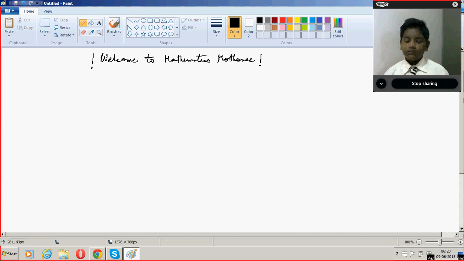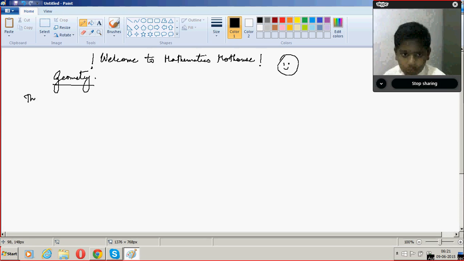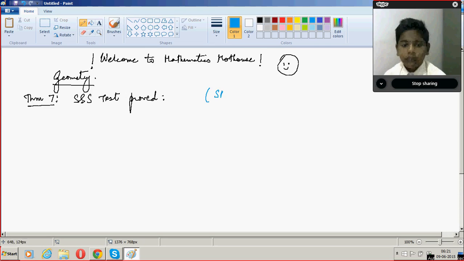We will continue geometry. So we proved the triple S test for congruency of two triangles. Earlier we also proved the SAS test.